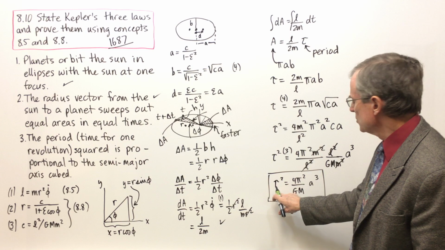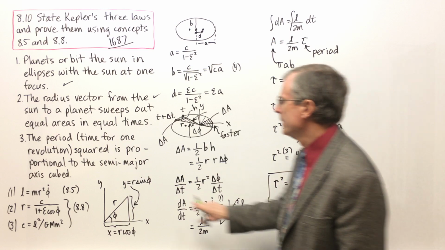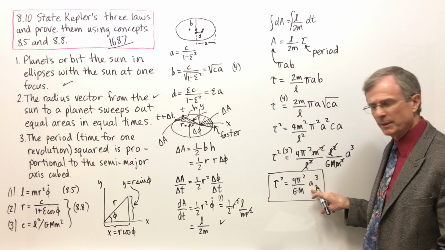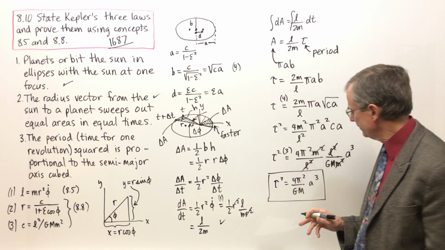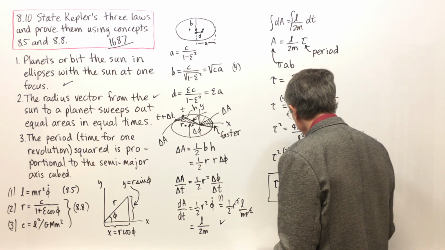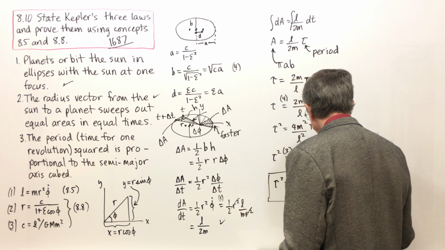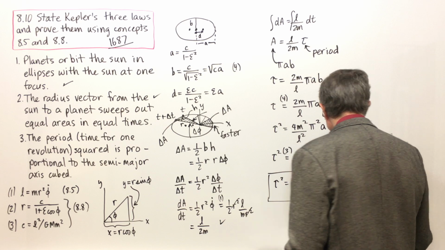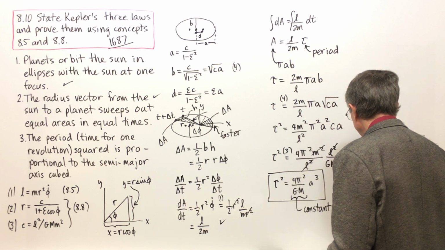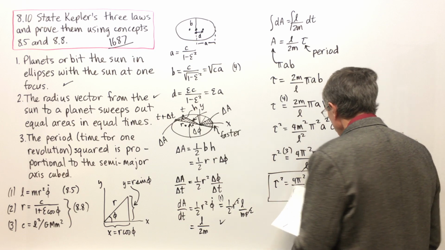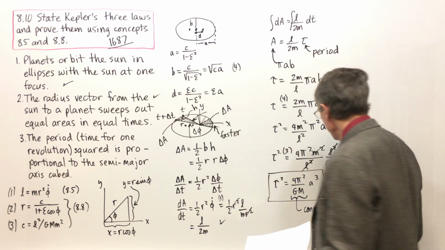The period squared is proportional to the semimajor axis cubed for all the planets. This constant of proportionality, this constant is the same for all the planets.